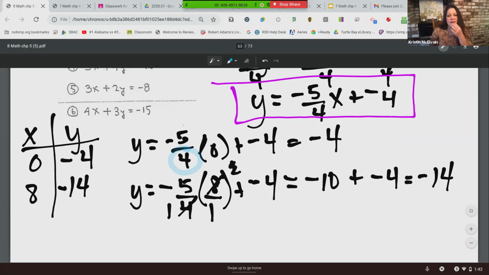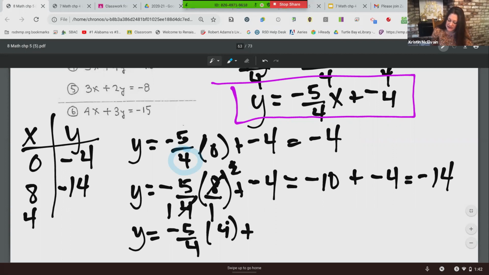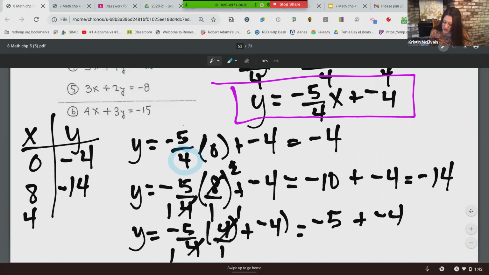Okay, so now you might be thinking, well, is that the same thing as if we had used 4? No, let me show you. Okay, so if I used 4 as my input, it would be -5/4 times 4 plus -4. Okay, so this 4/1 gives me -5 plus -4, which is -9.